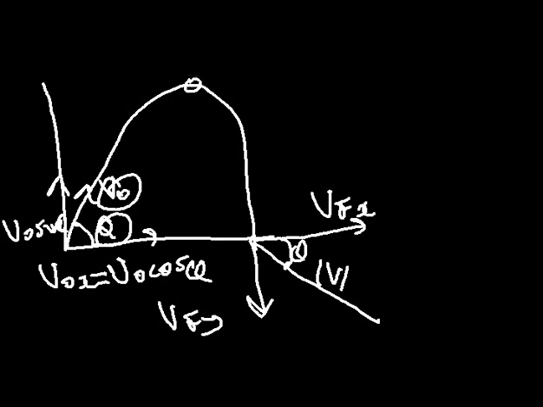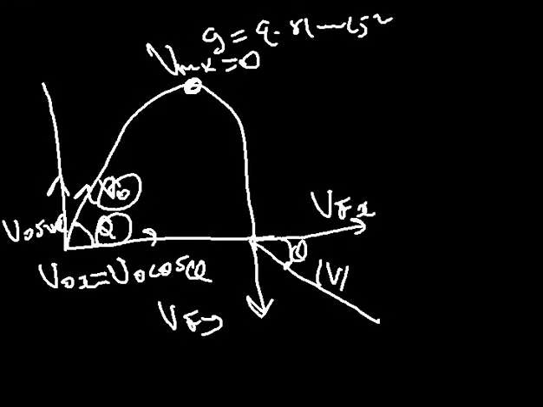The object reaches the maximum position, where the final velocity at Vmax is 0, unless otherwise stated. We can be told that it is not 0, but unless otherwise, it is 0. And at this point, the acceleration due to gravity is still 9.81 meters per second squared, although the velocity is 0 there.